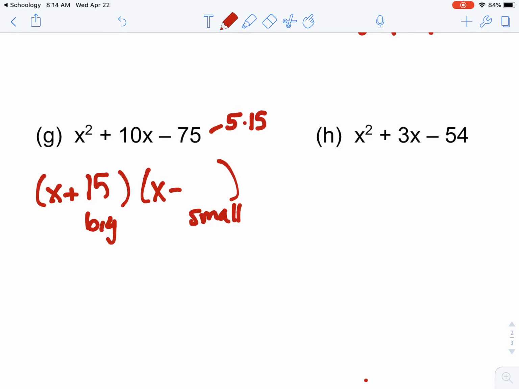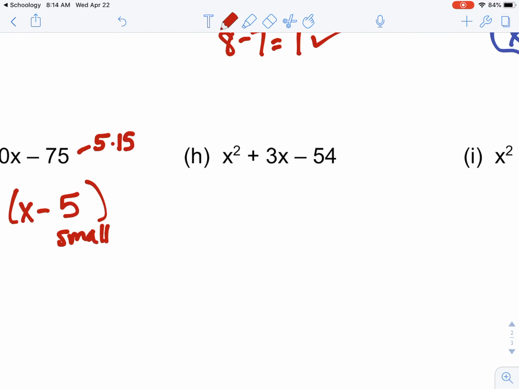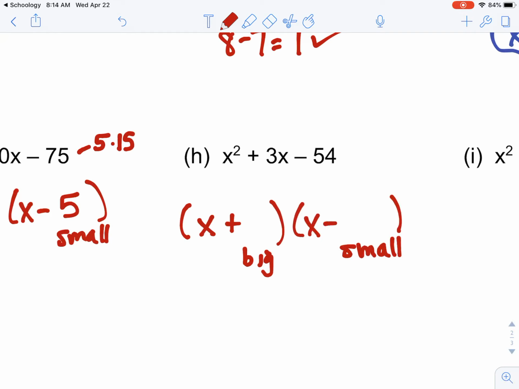So we have x plus 15 times x minus 5. So here we're going to have x plus the big times x minus the small. This part down here that I'm writing is really just to help me make sure I put the factor in the right location. That's not part of the actual answer, but that's how I keep track of what number needs to go in which parentheses.